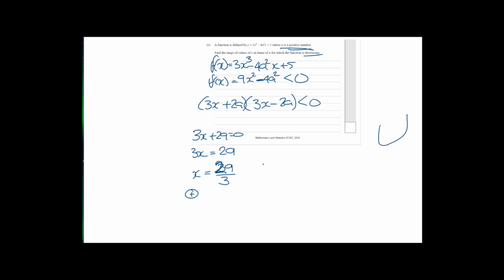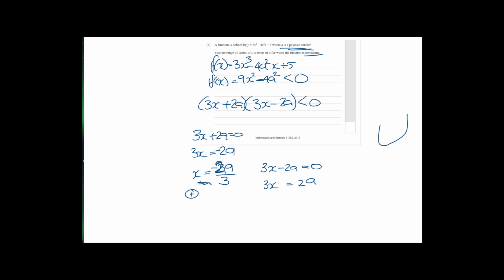Now let's do the same for this one. So we're finding the two ends, and we know now this must be the upper end. So 3x equals, this is minus 2a, wasn't it?